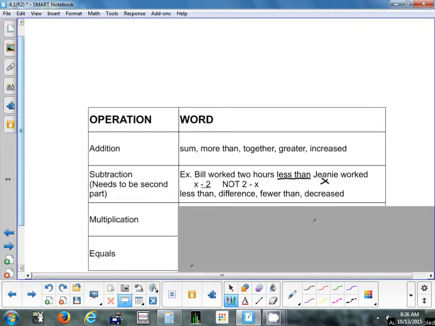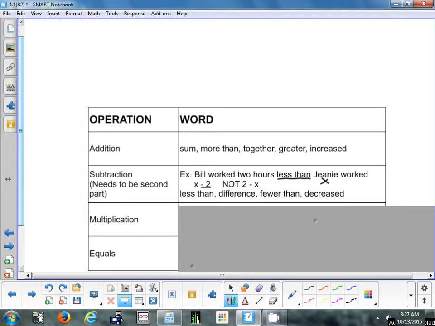All right. Multiplication. Somebody already said one of the words we use for multiplication. Rose, what did you say? I said product. Product. Yep. Okay, another word that means multiplication, we see this one a lot, very short word. Of, yeah. Anybody think of any other words that mean multiply?